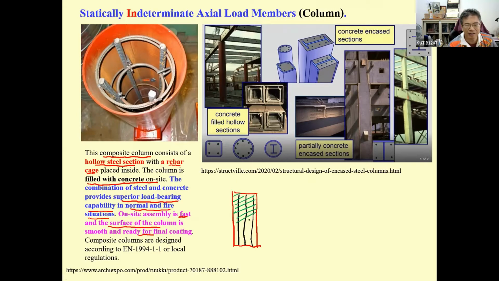These three types of material are going to work together in the real world. The force applies to the top of this, and the force is distributed to all the materials. All the materials help to resist the force.